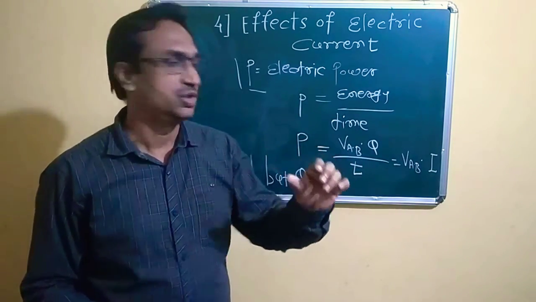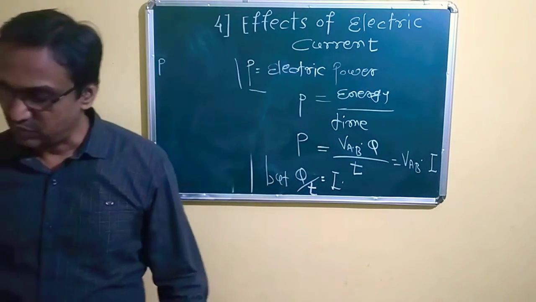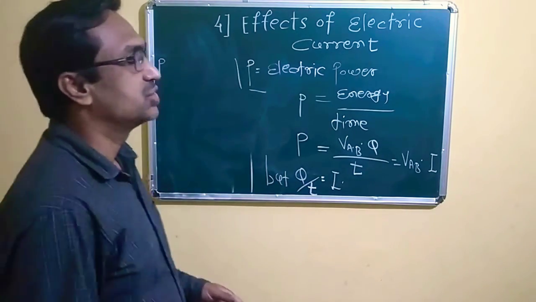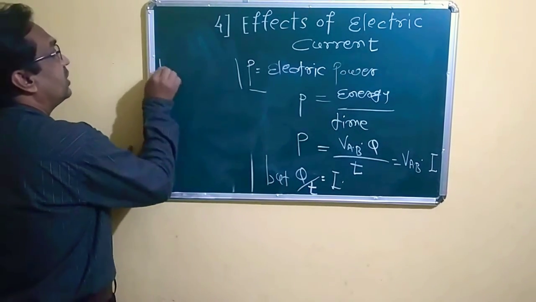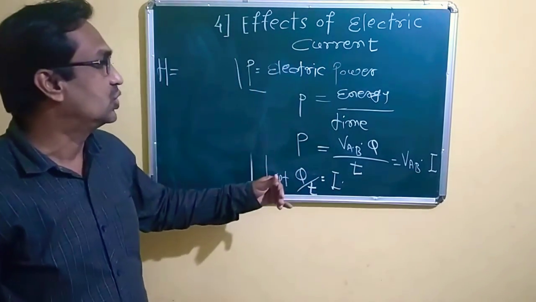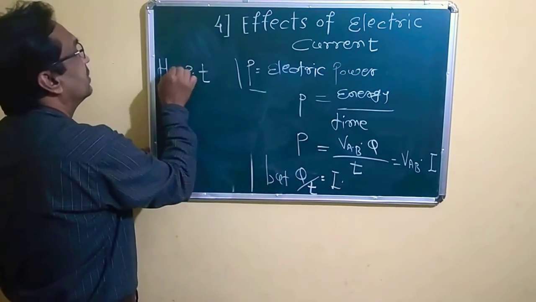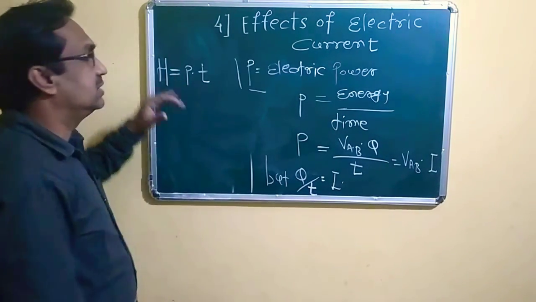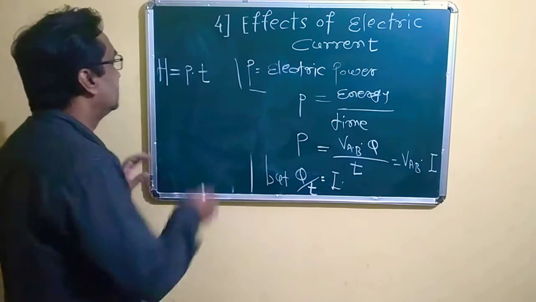So the amount of heat H is equal to P into T, the electric power in time T. That much energy we utilize, and this energy is converted into heat energy, P into T.